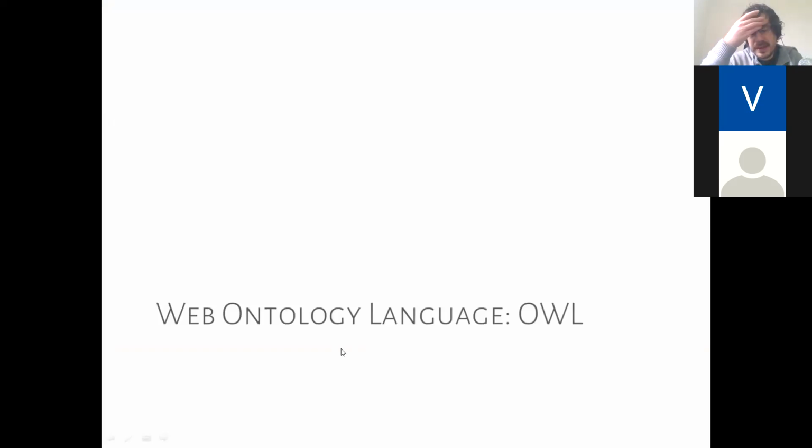In the next three classes, this class and the next two classes, we're going to speak about the Web Ontology Language. Today I'm going to introduce the features of the language. In the following two classes, we're going to talk about more conceptual issues about expressive forms of reasoning, knowledge representation, and the limits of knowledge representation in terms of reasoning.